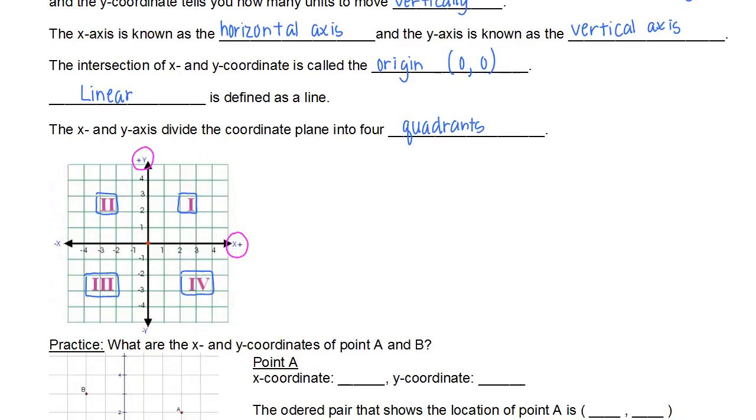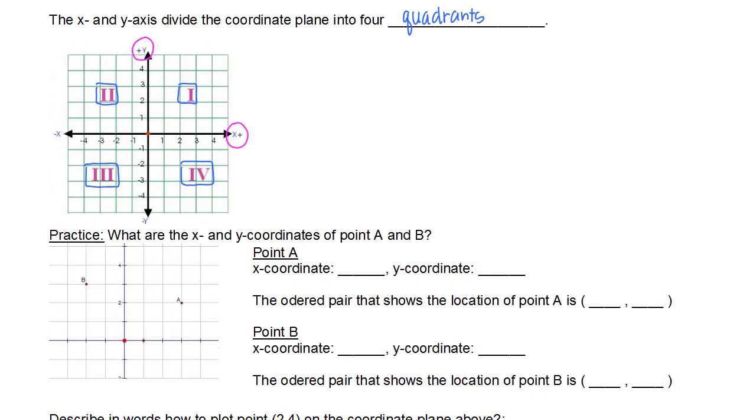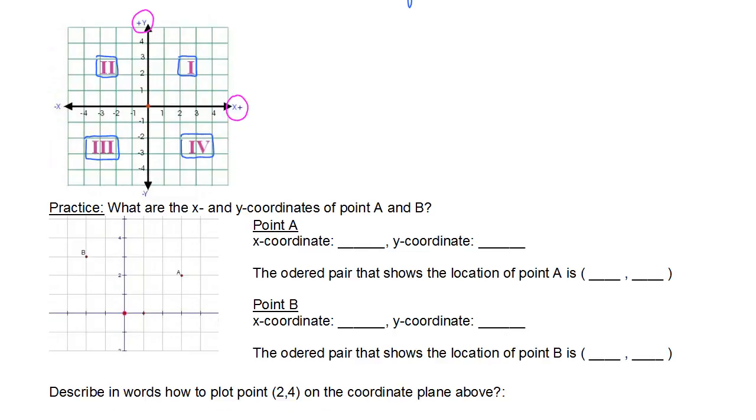So now we get some practice with locating and graphing some ordered pairs. The first question they ask us is, what are the x and y coordinates of point A and B? So eventually we will be writing the ordered pair for points A and B. If I begin at the origin, which remember is where the two axes intersect, and of course our x-axis horizontal and our y-axis vertical, and I make my way to point A, I first move on the x-axis.